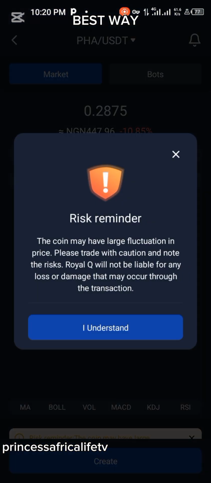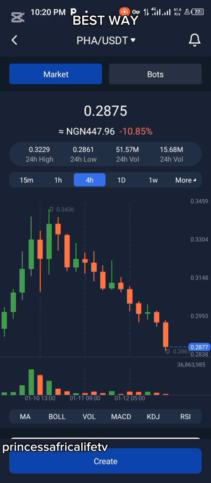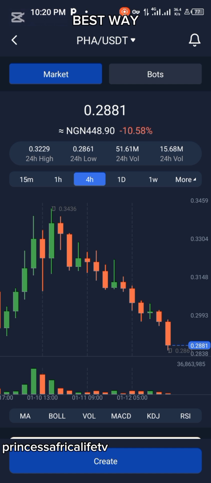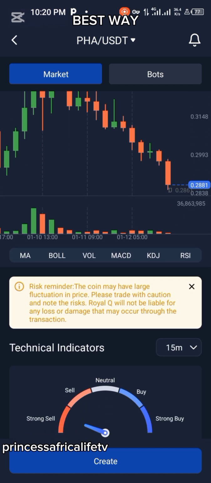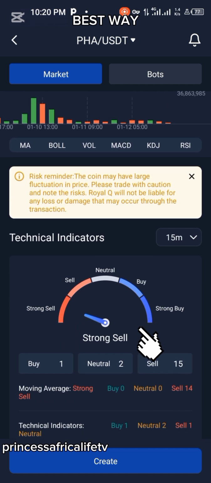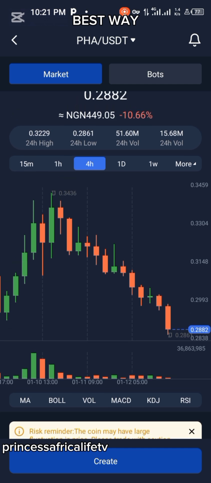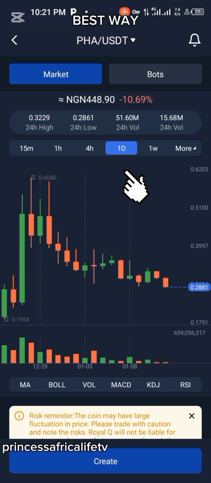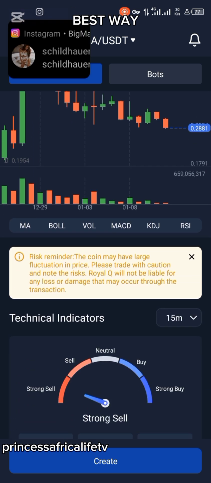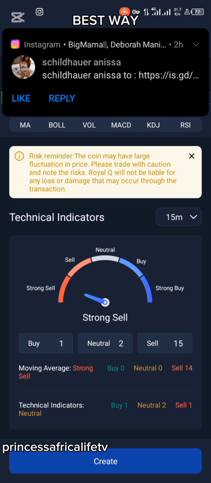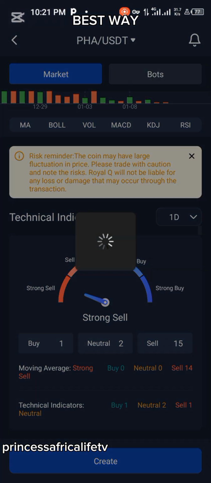Okay, now we're going to be looking at this other indicator here called the technical indicator. Right, this is it. Now after this indicator, we look at the day time frame. I hope you're seeing me here. Day time frame. We'll go down. You check this place where you have 15 here. You also change it to day.